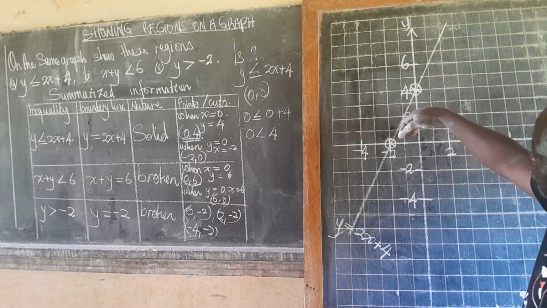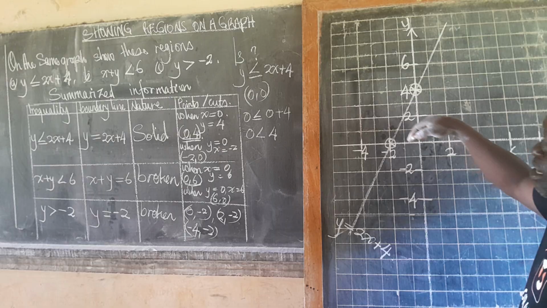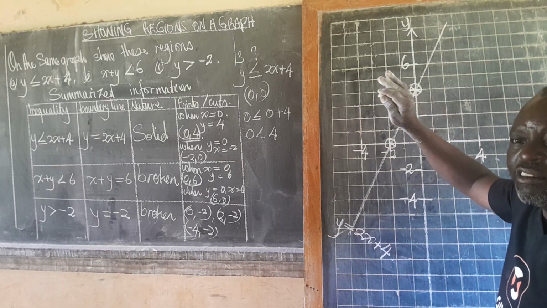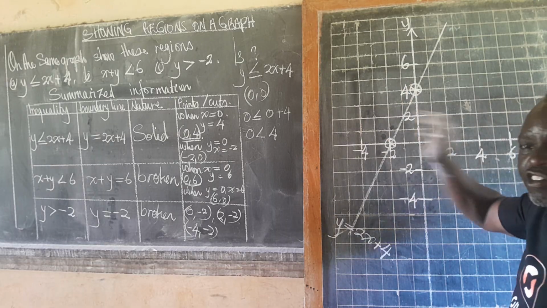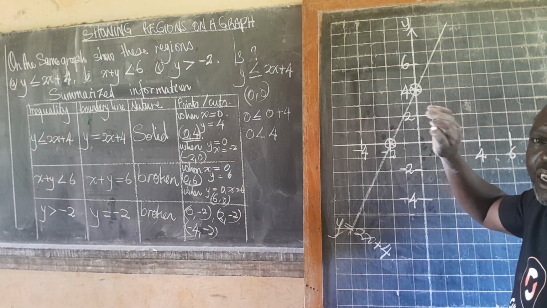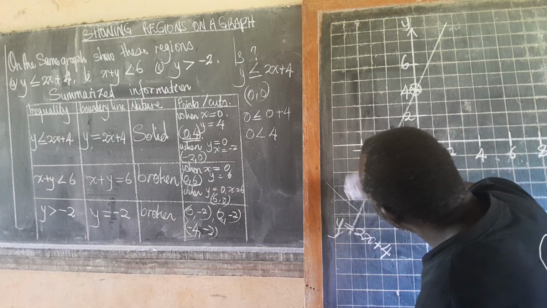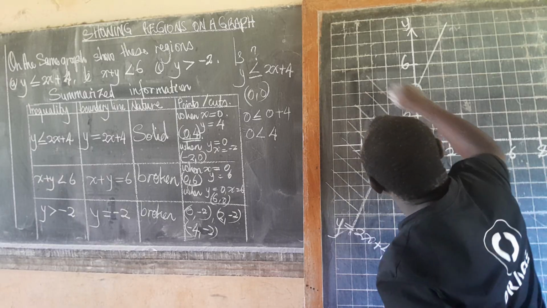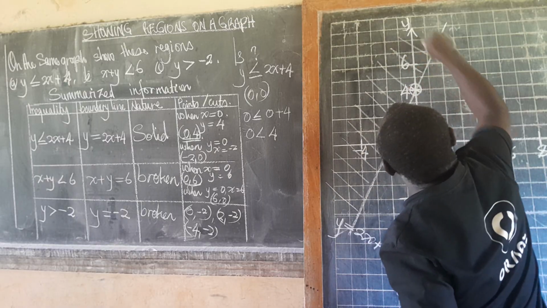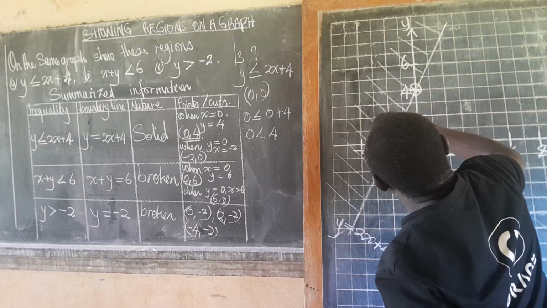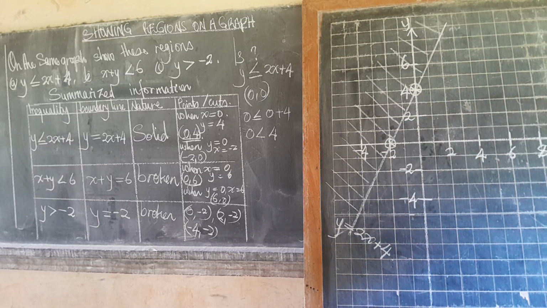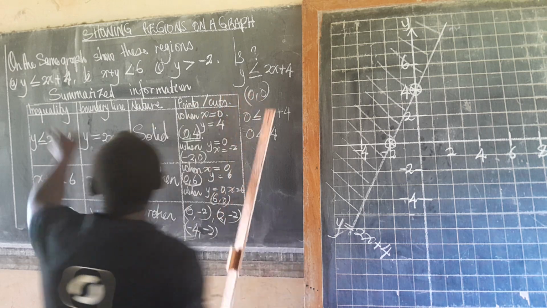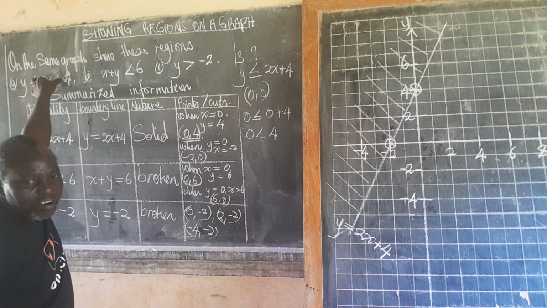When this one gets a yes, it means that the other side is no. When we are shading, we don't shade it like in art. We use these lines. You can use your ruler. You shade, you shade, you shade. The first region has been shown.